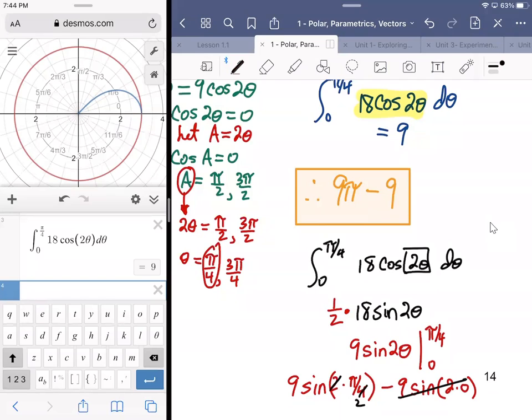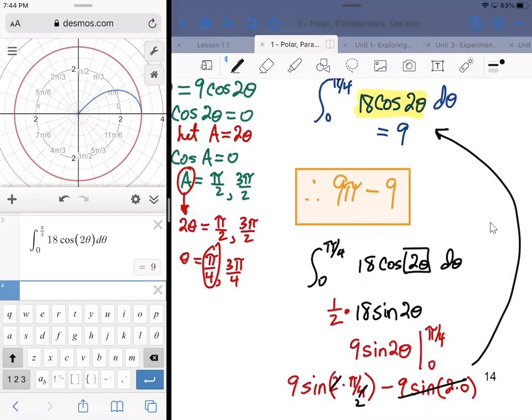Sine of pi over 2 is 1. That's going to give us a 9 as a result. So that all leads to the 9, which, subtracted from the 9 pi, gives us the thing that we wanted. 9 pi minus 9.